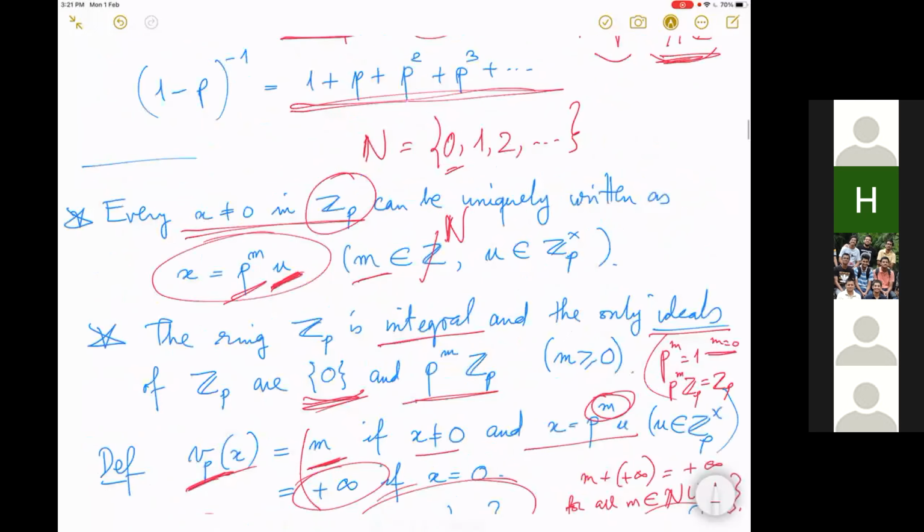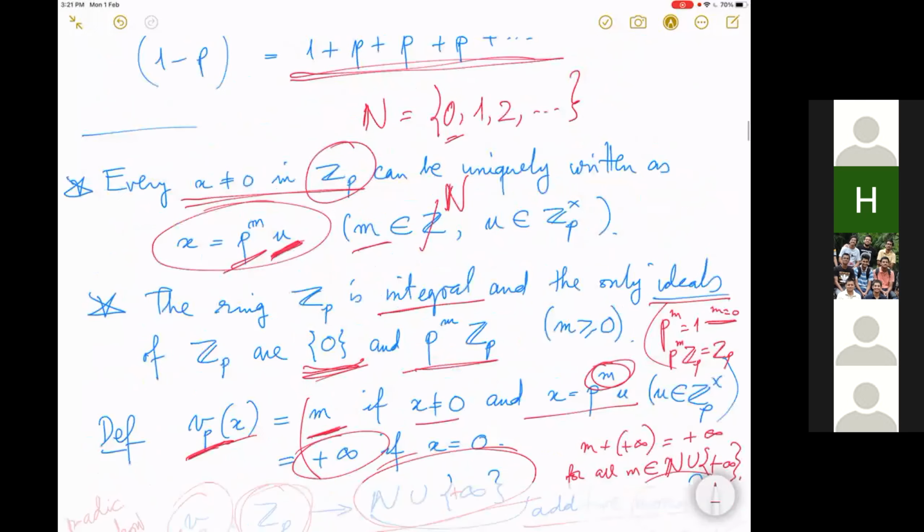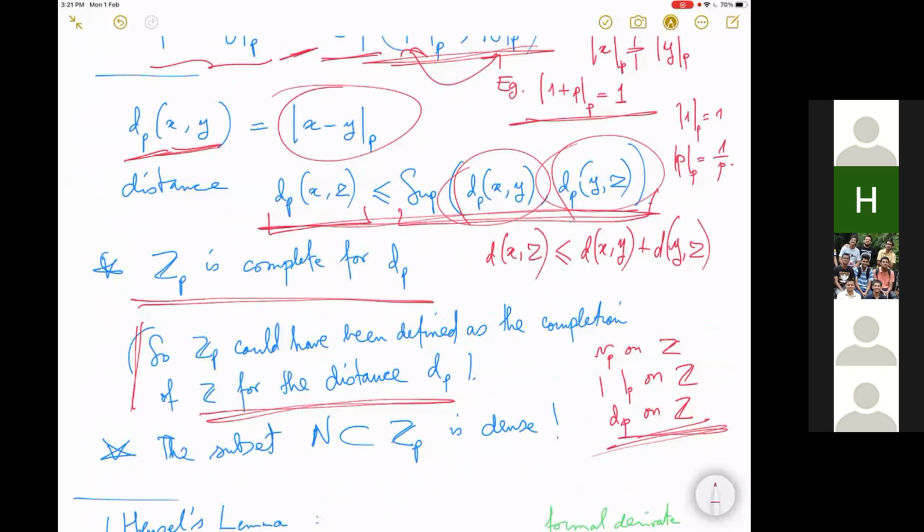So Zp is complete for this distance. And the subset N in Zp is dense. In a topological space, you have this notion of a dense subset: a subset whose closure is equal to the whole space.